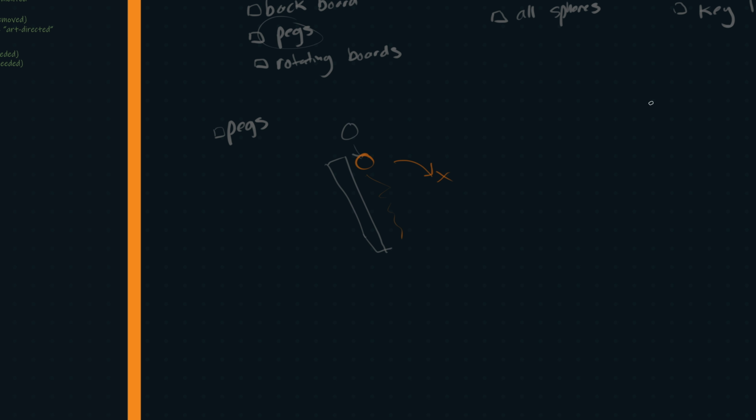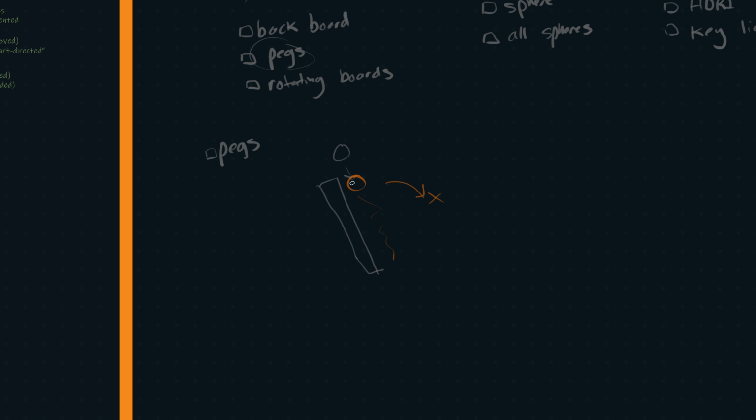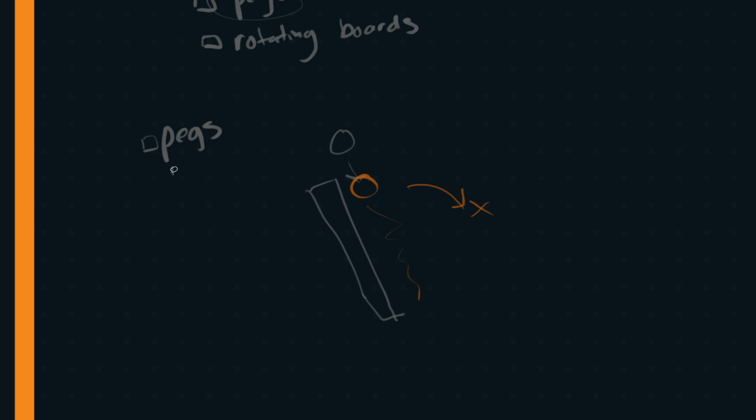But the way I might create these pegs is I could either create one peg, copy peg, and place peg.